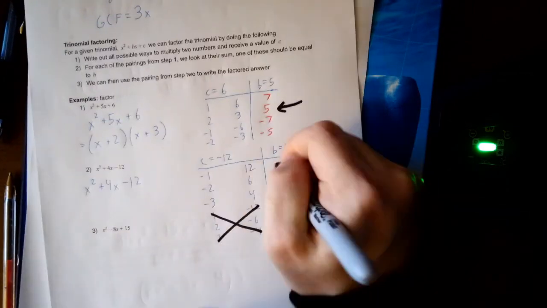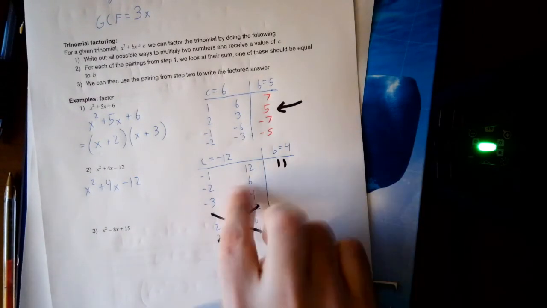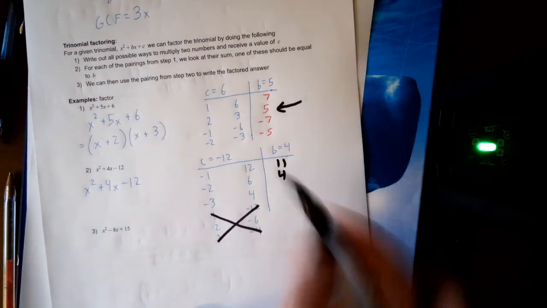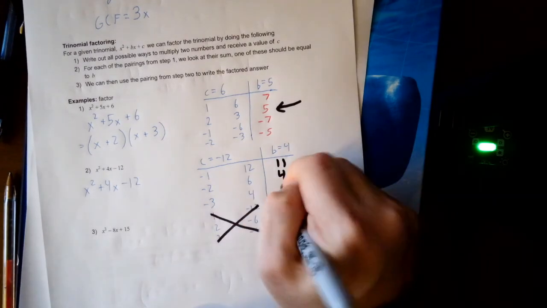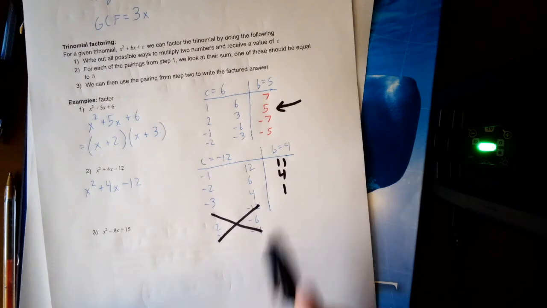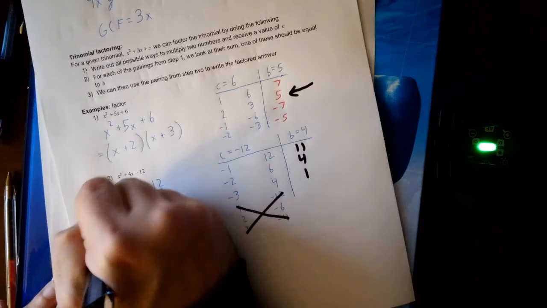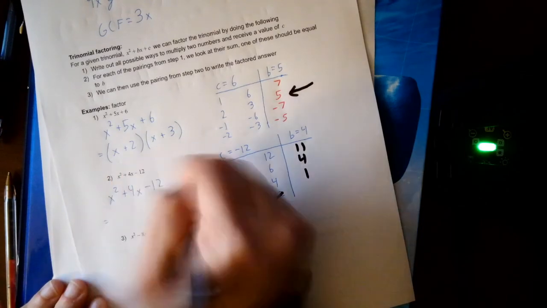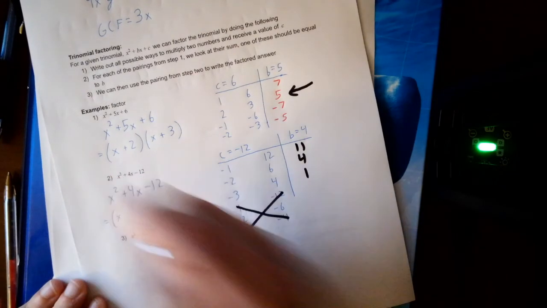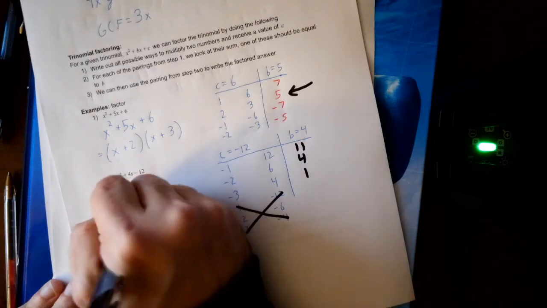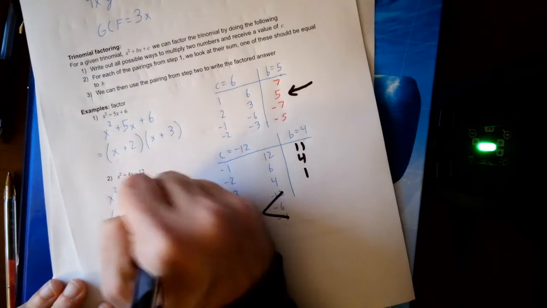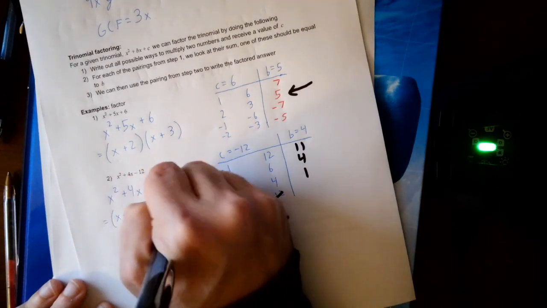Negative 1 and 12 make 11. Negative 2 and 6 make 4. That's the one I want. Negative 3 and 4 make 1. So we wanted the 4. B equals 4, right? So my answer, x squared plus 4x minus 12, when I factor it, I'll have x minus 2, x plus 6.